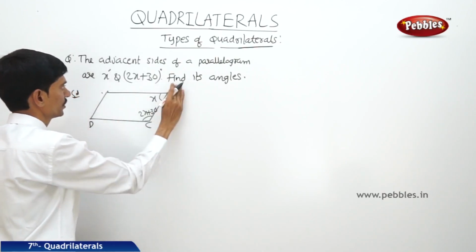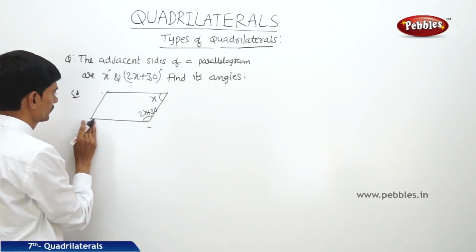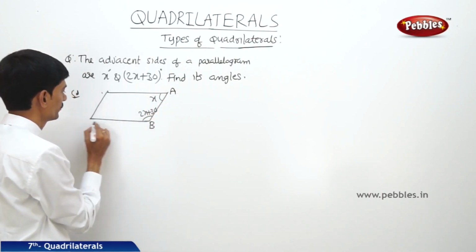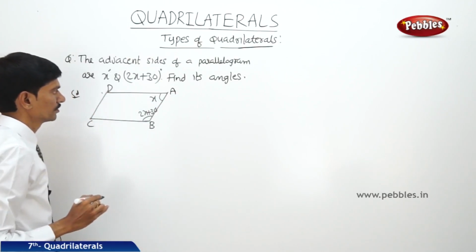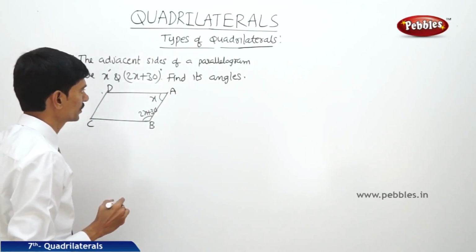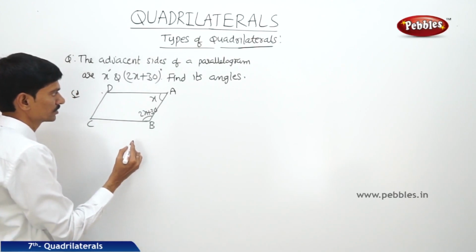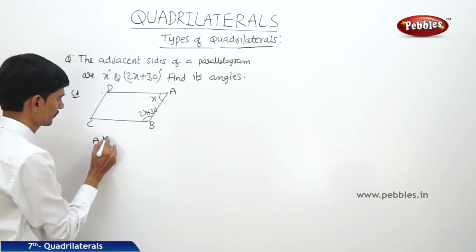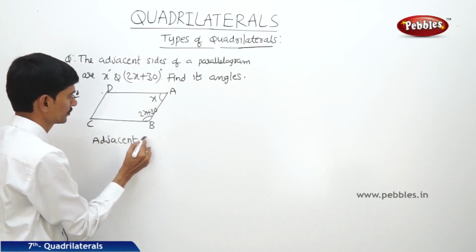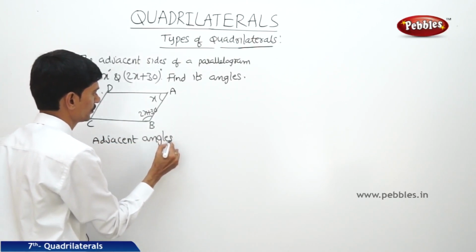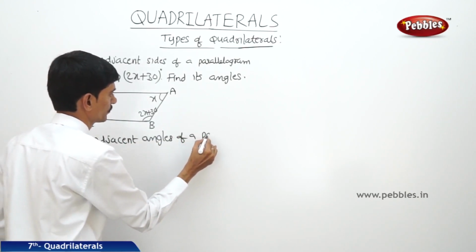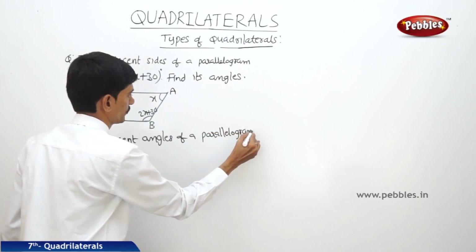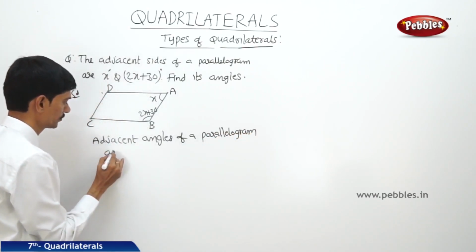So if you take A here, B, C, D. In a parallelogram, the adjacent angles are supplementary. So that is a property of a parallelogram. Adjacent angles of a parallelogram are supplementary.